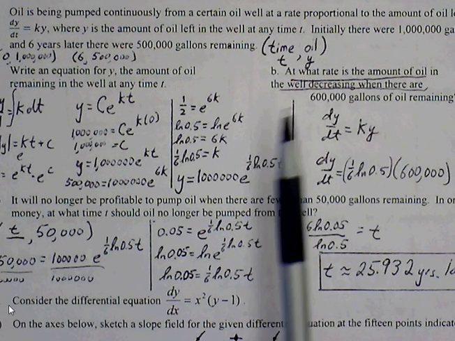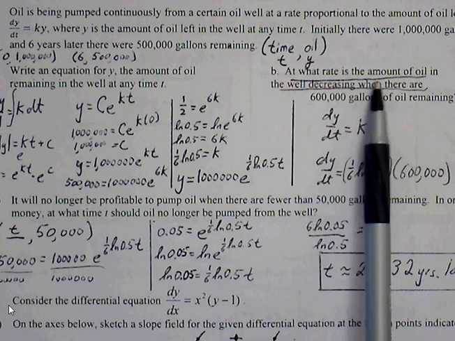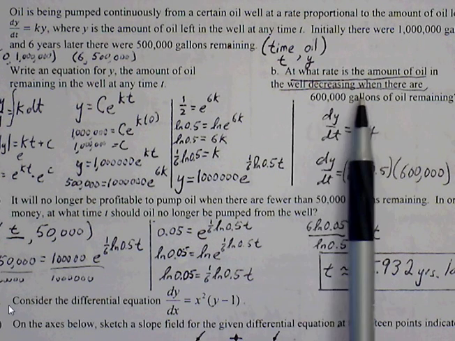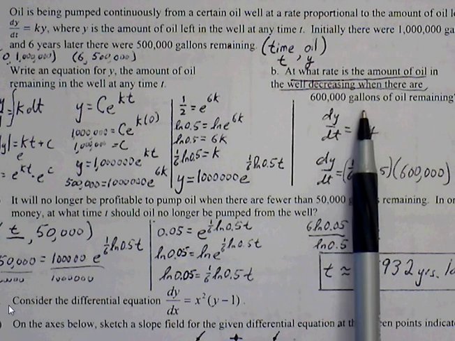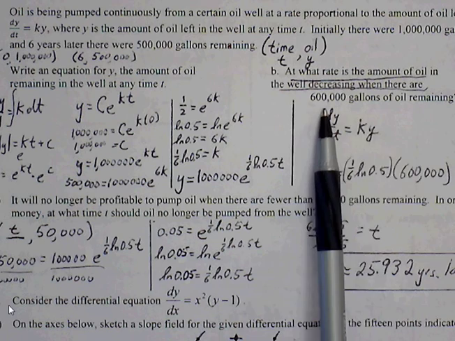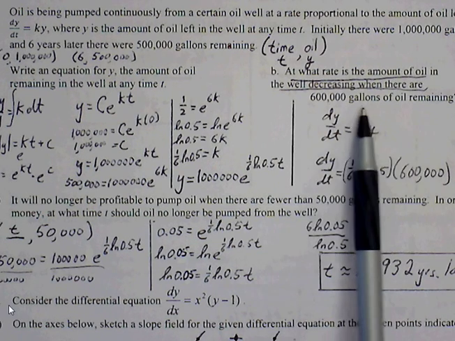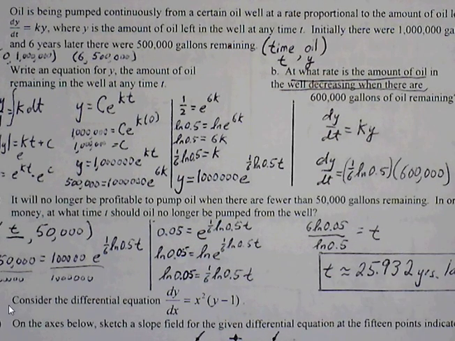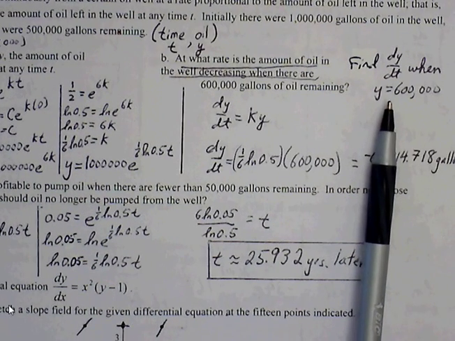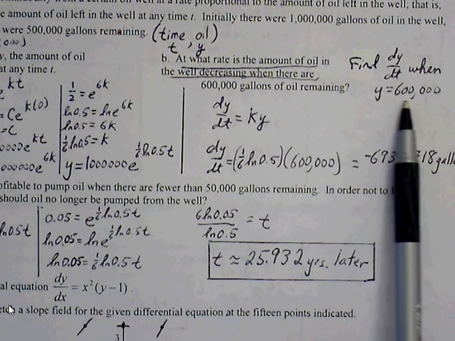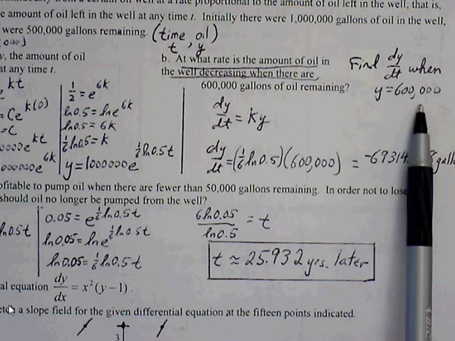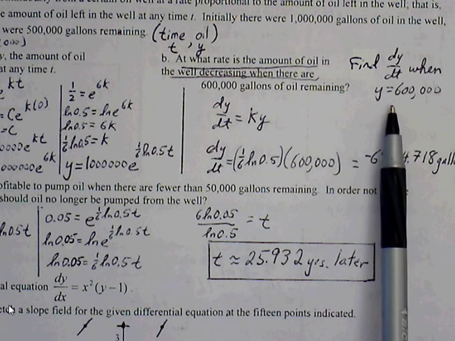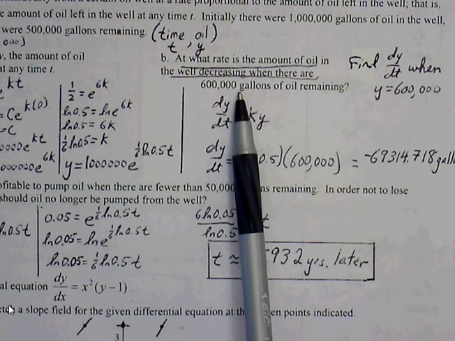Part B: at what rate is the amount of oil in the well decreasing when there are 600,000 gallons of oil remaining? So 600,000 gallons of oil remaining is represented by y = 600,000. Y represents the amount of oil, so 600,000 is the oil provided in this problem.